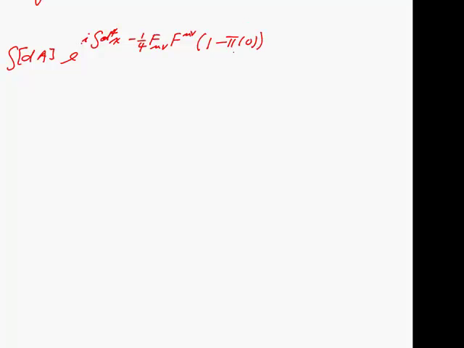So the pi of 0 from the vacuum polarization looks just like f squared.